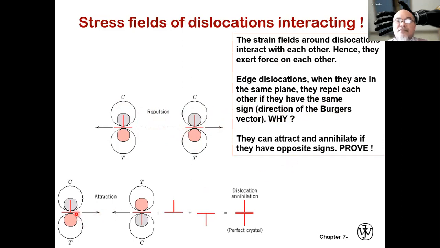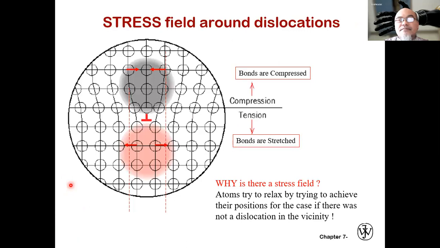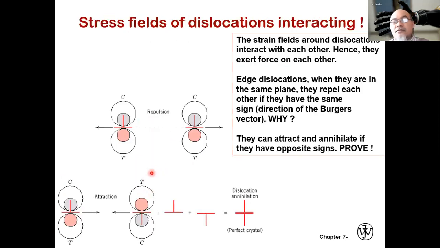On the other hand, if you have a different Burgers direction, so you have one dislocation line where the vector is upwards, the upper part is in compression. On its vicinity, you have another dislocation line whose Burgers vector is directed opposite, downward like this.